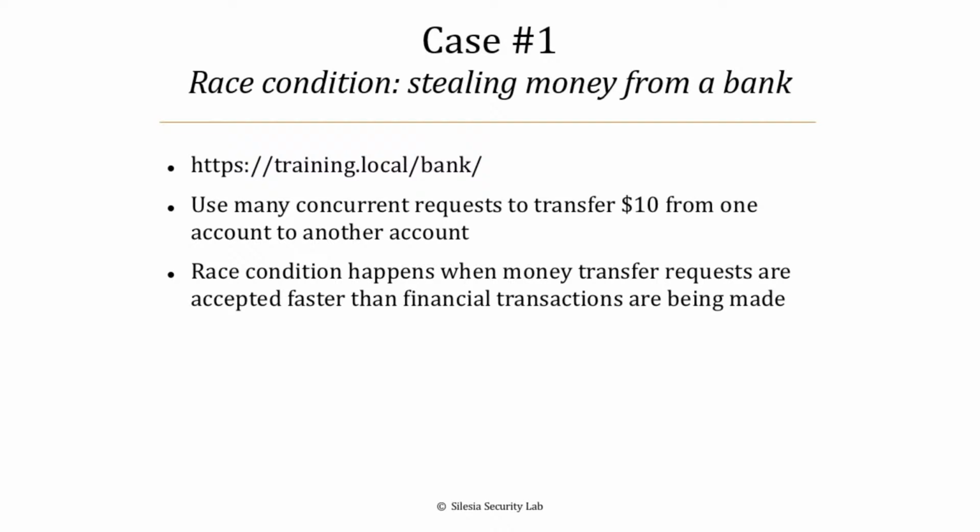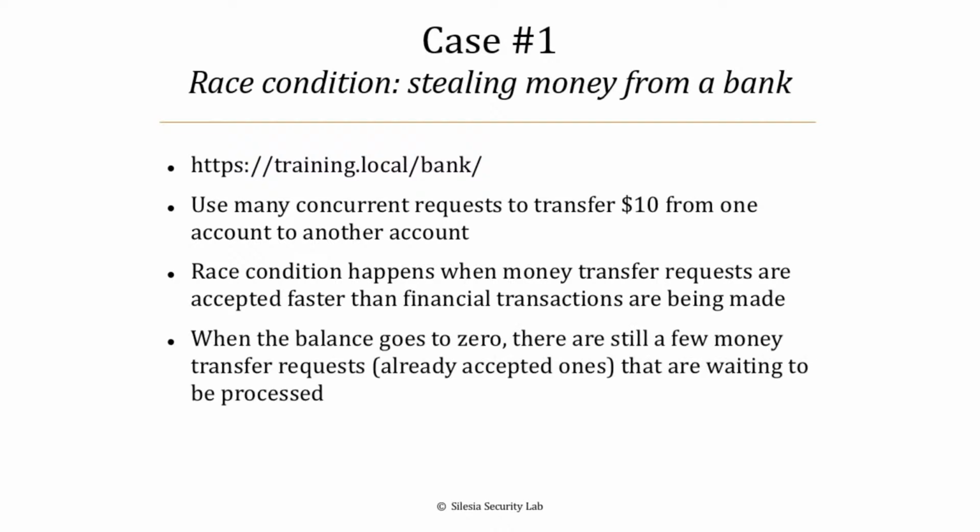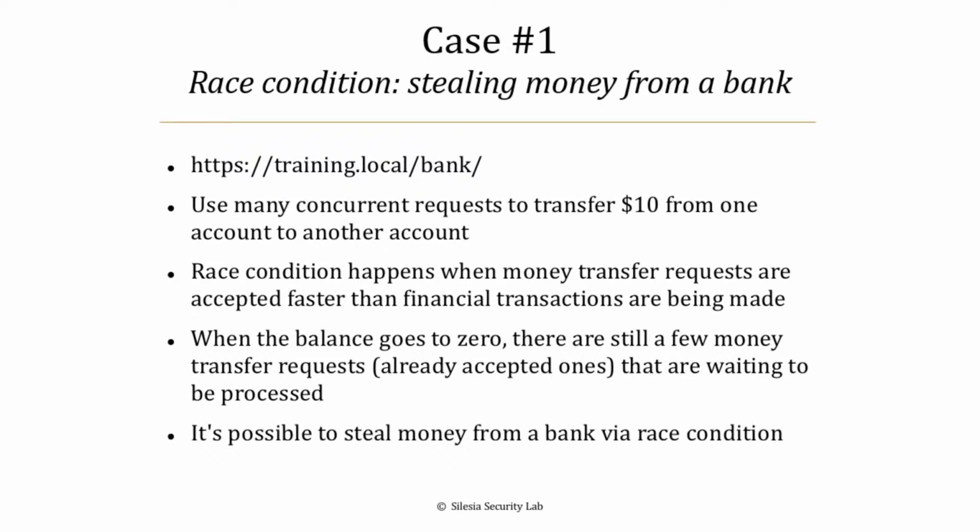This is what I actually tried to explain to you on the whiteboard. And when the balance goes to zero, there are still a few money transfer requests, already accepted ones, that are waiting to be processed. So this is how we can actually steal money from a bank via race condition.